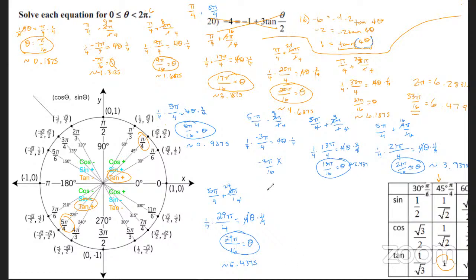Okay. So we have not found our limit yet. Let's add one more. Hopefully this will be our last one. 5 pi over 4 plus last time was 6 pi. This time we're going to add 8 pi, turn it into a fraction, get a common denominator.